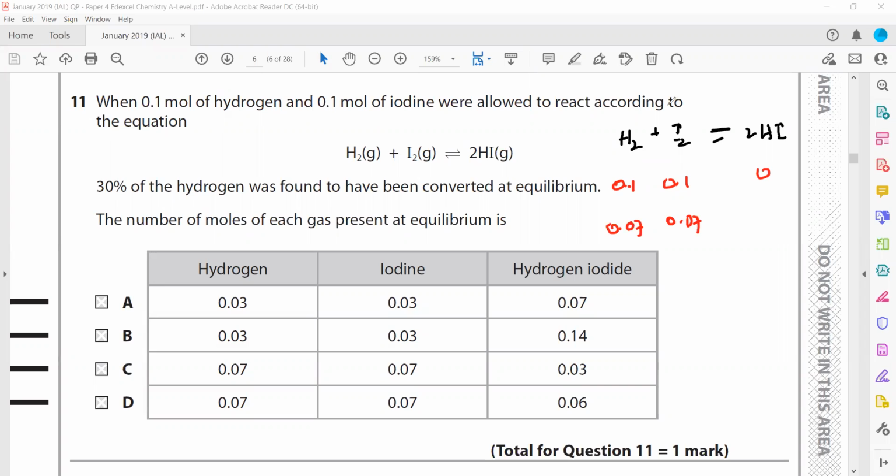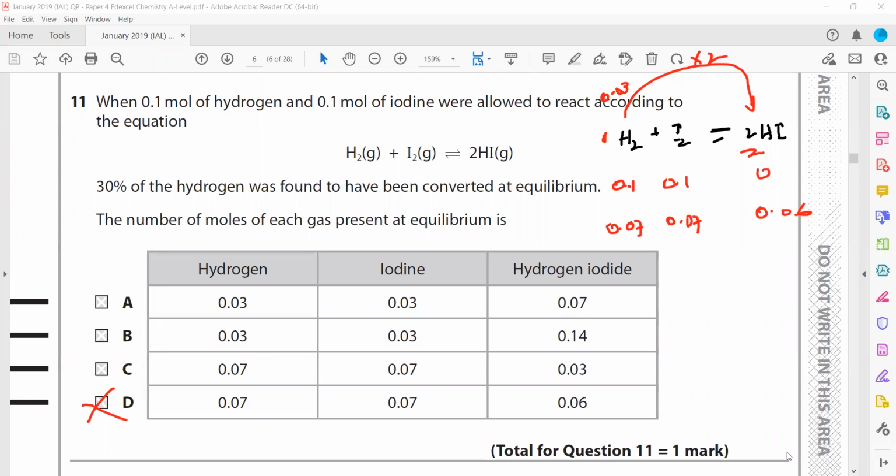And produce here, because if 0.03 moles are converted, the ratio is 1:2, like 1 mole of hydrogen gives 2 moles of HI. So if 0.03 are converted, how many moles will they produce? They will produce 0.06. So D will be the right answer.